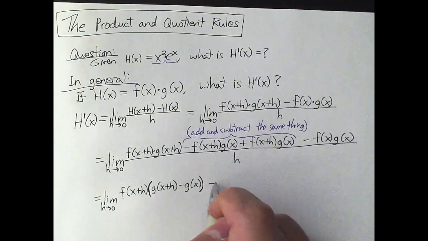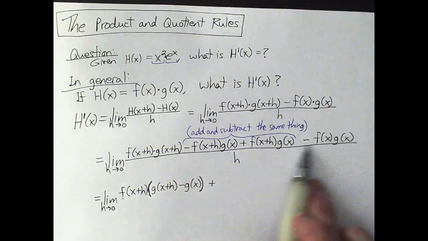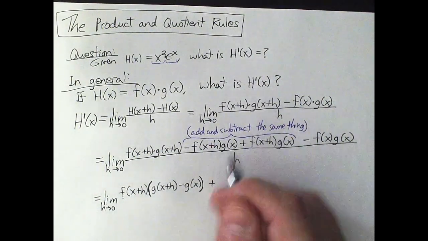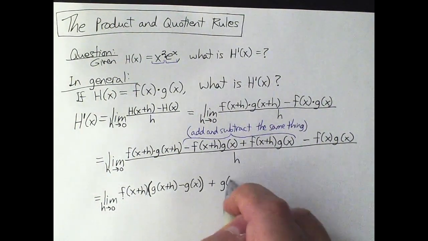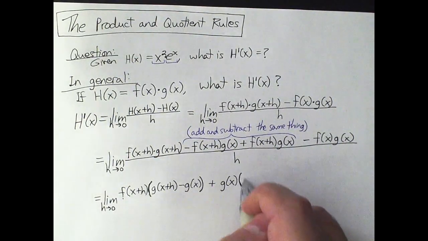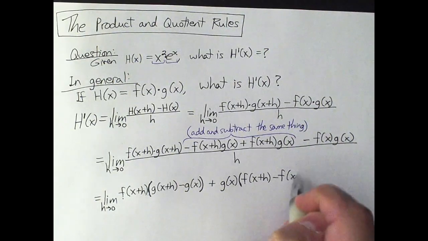Then I'm going to have plus, we still need these other two terms. What do they have in common? They have g of x in common. So we're going to have g of x pulled out, big parentheses, f of x plus h minus f of x.